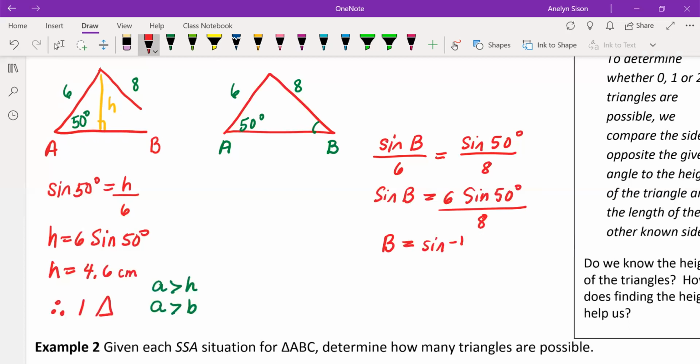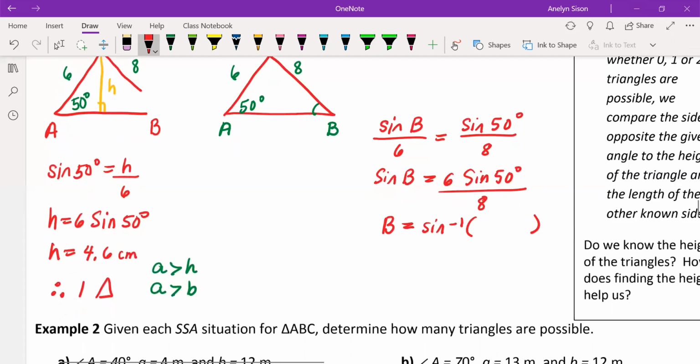Now we need to see what that is equal to: 6 sine 50 divided by 8. So we got 0.5745. And B is equal to shift sine, 35 degrees. They ask for no decimal, so that's our answer. Any questions?